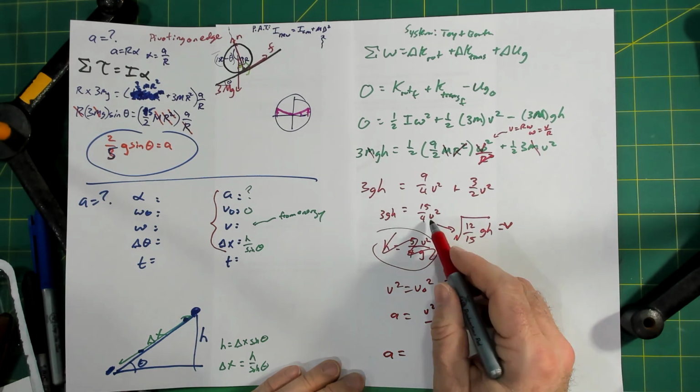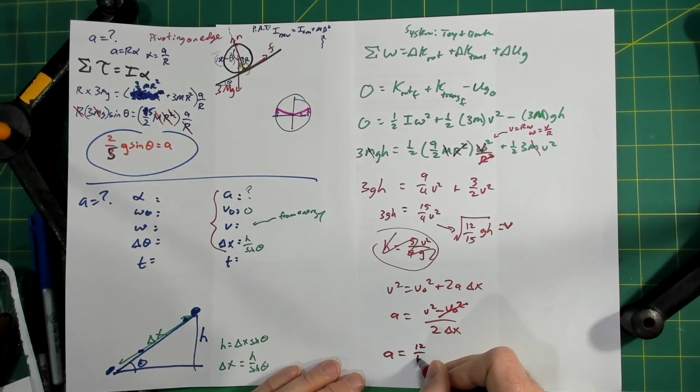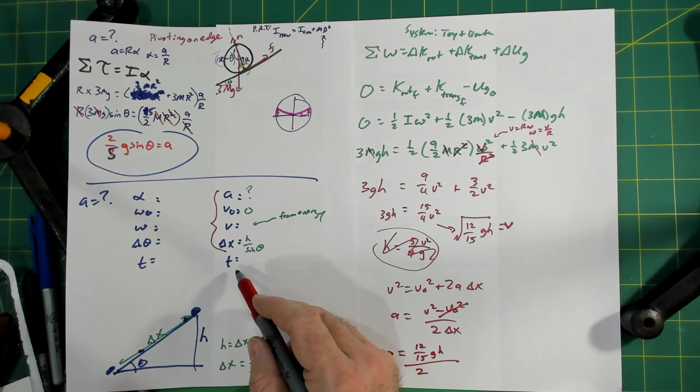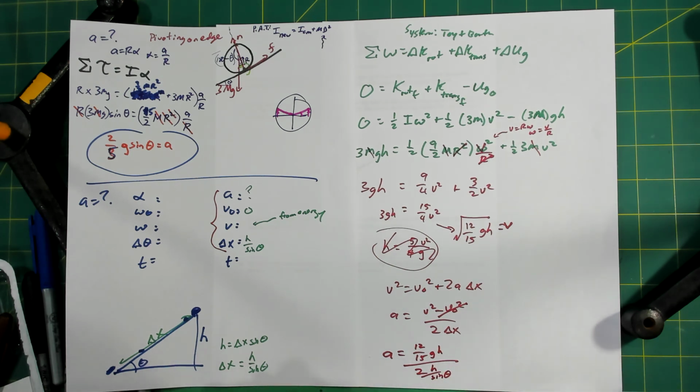And so my a is going to be, v naught was 0, v squared, that's this guy before I put the radical on. So it'll be 12/15 gh over 2, and then delta x, we figured out from trig here, is going to be h over sine theta. Okay, so here we go.